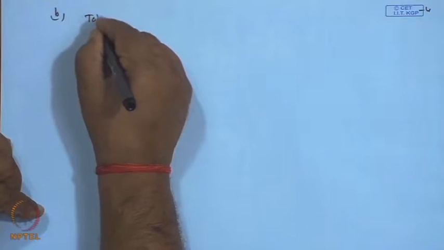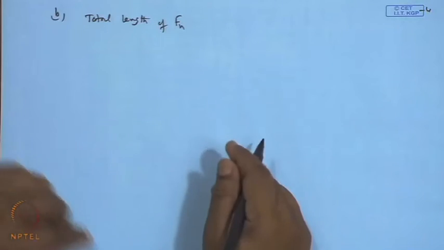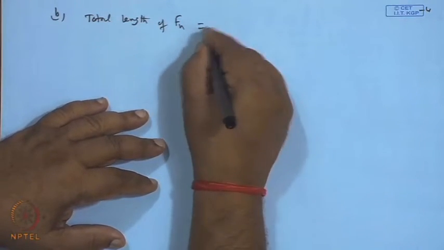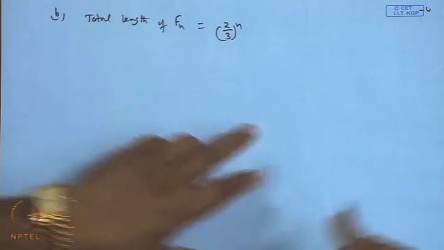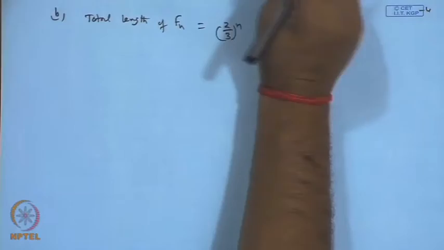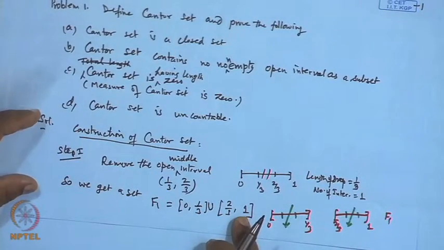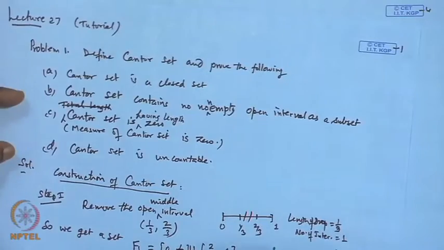The total length of F n is nothing but 2 by 3 to the power n, because if we look at the first one, when you choose F 1, the length is 1/3 plus 1/3, so it is 2 by 3. When n is 1, it is 2 by 3.